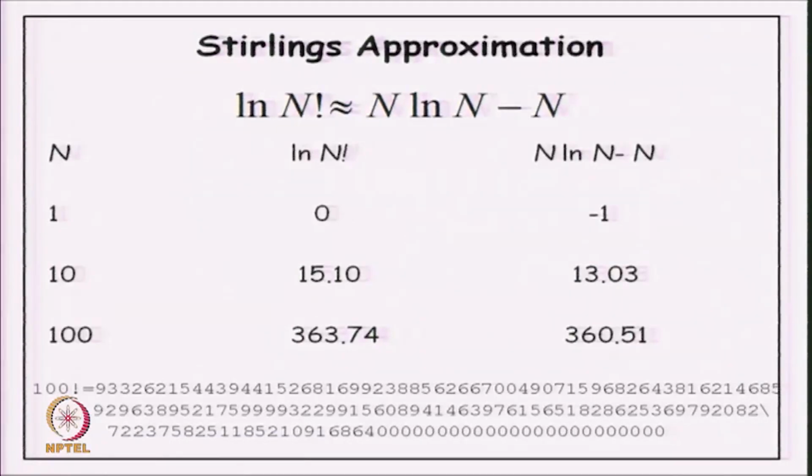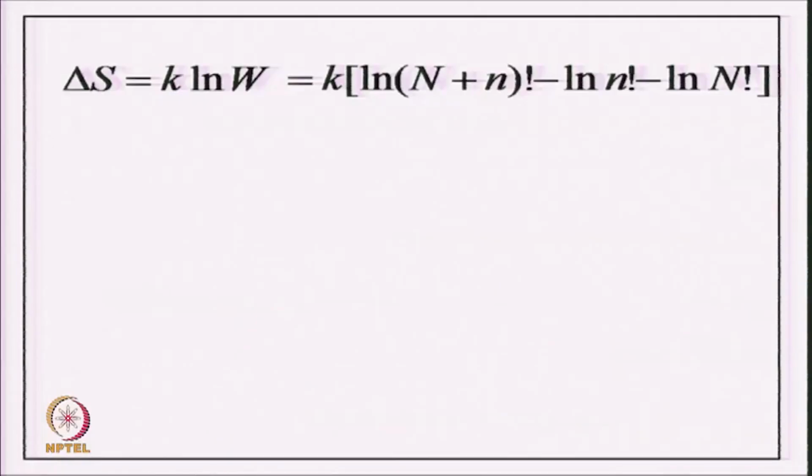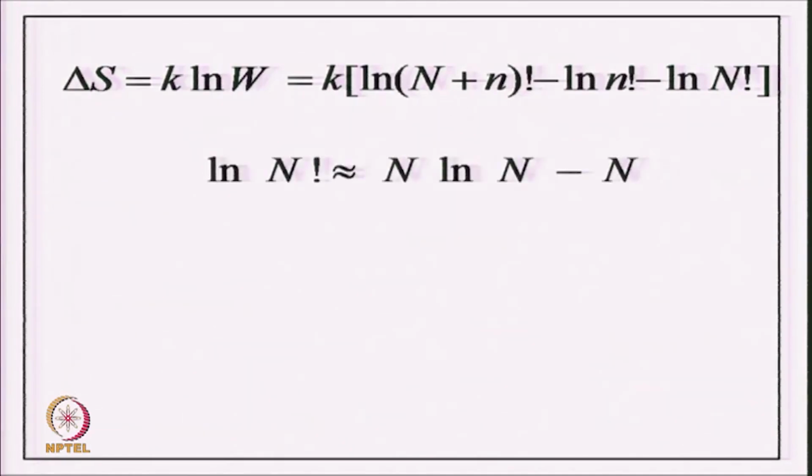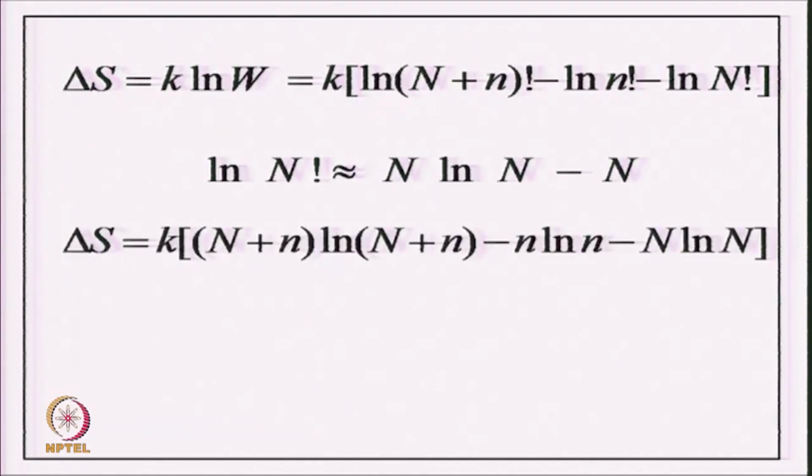So, let us now use this Stirling's approximation in our work. We have already seen that we have come to this expression for increase in entropy due to introduction of little n vacancies in a crystal composed of capital N atoms. Now, we apply Stirling's approximation to this expression to simplify it to this form.